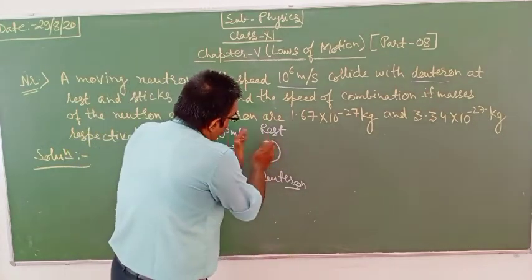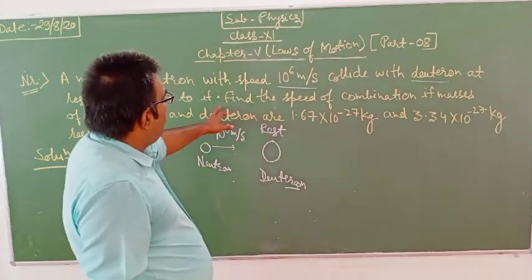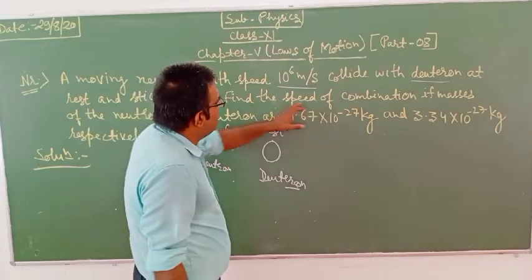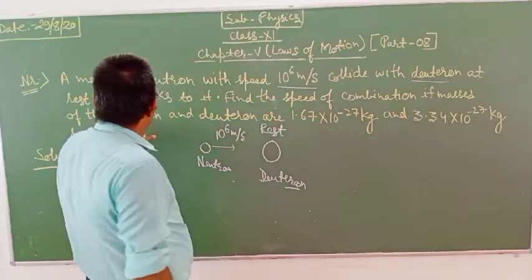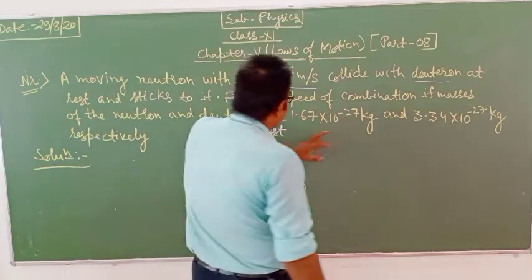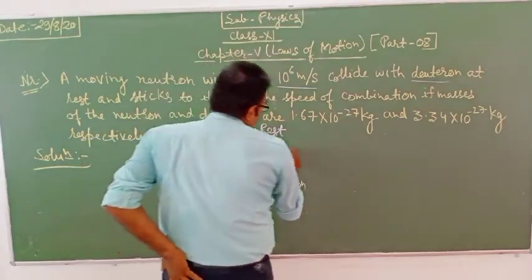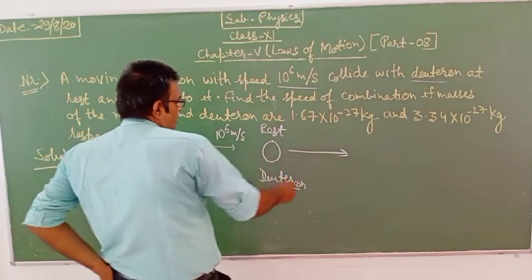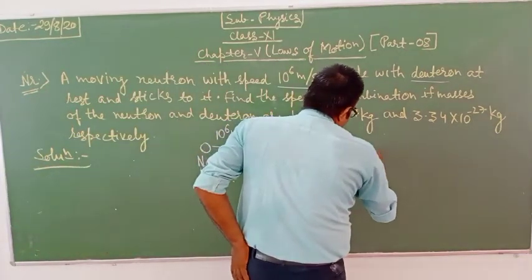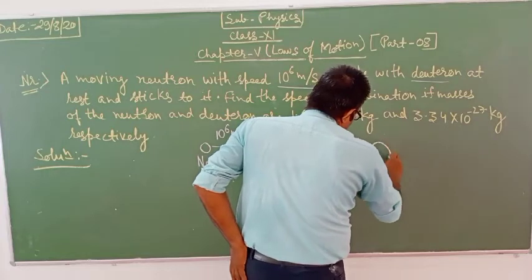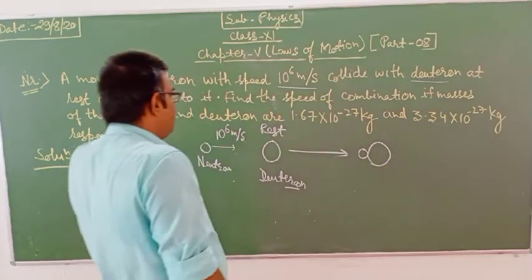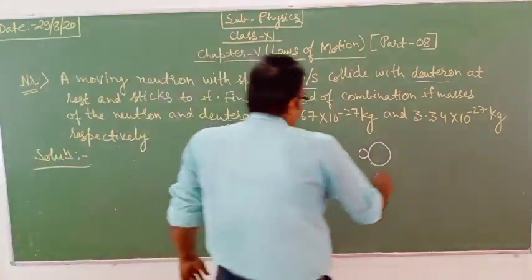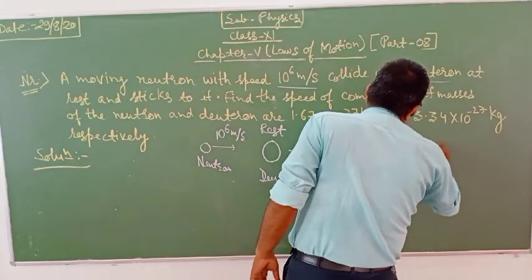They both stick with each other, and after collision, we have to find the speed of the combination, with the masses of neutron and deuteron given. When this neutron strikes this deuteron, they stick with each other and start moving with a common velocity.